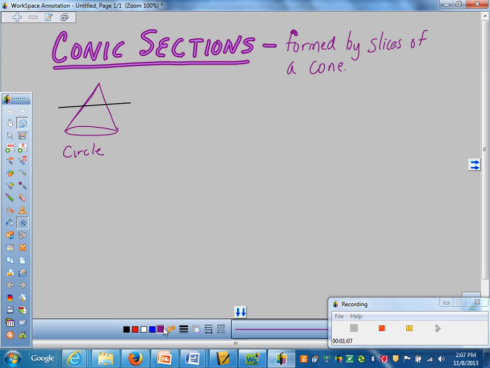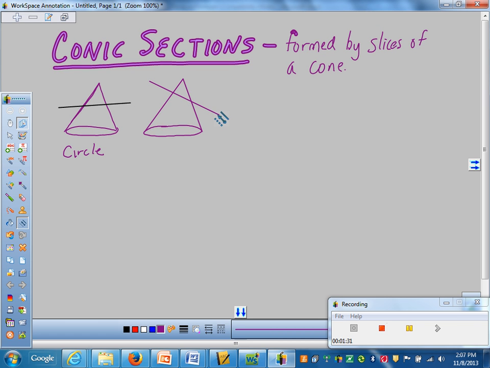There's 4 conic sections. So if I do another cone here, and hopefully get a circle in it, this time I want to slice diagonally. I want to go through one side and out the other. So I would be doing a cut like that.